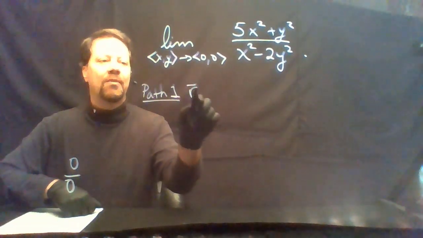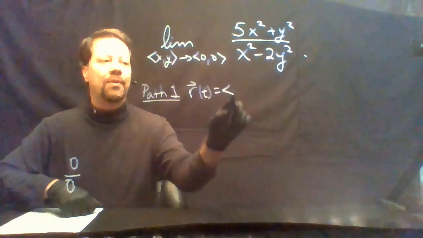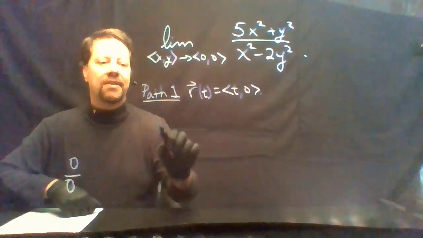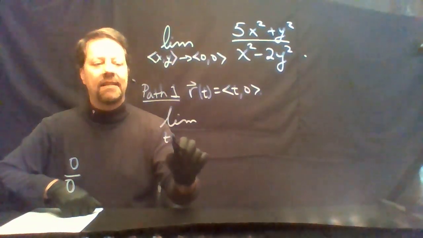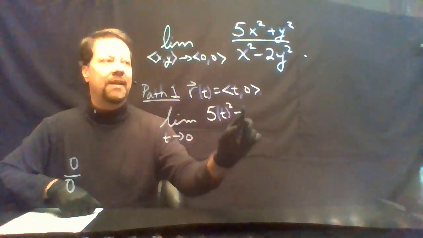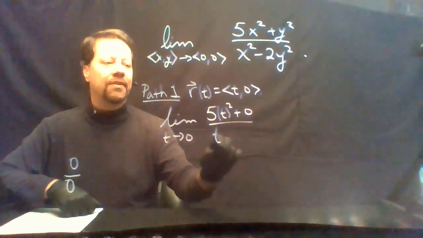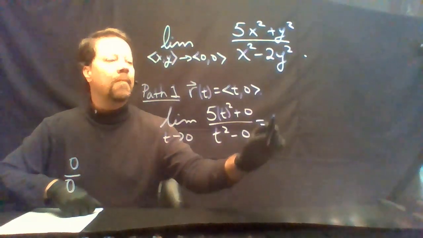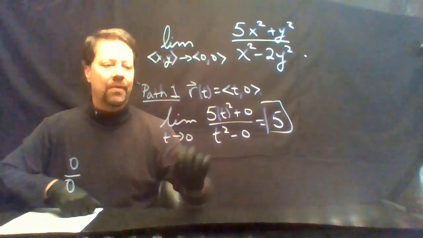path 1, we might select r of t equal to t, 0. Taking the limit as t goes to 0, we'll have 5t squared plus 0 over t squared minus 0. The limit is, of course, 5.